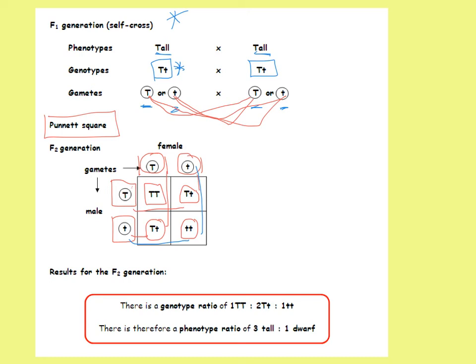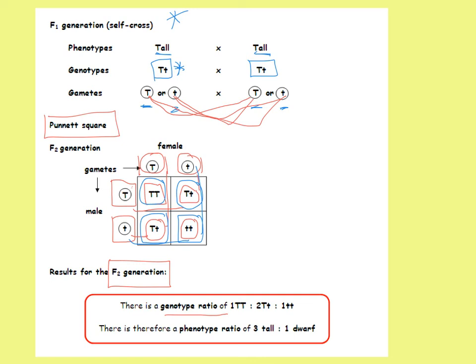If we have a look at the genotype ratio that is produced from this cross, which is known as the F2 generation, we discover that we've got one large T large T, two large T small t, and one small t small t.